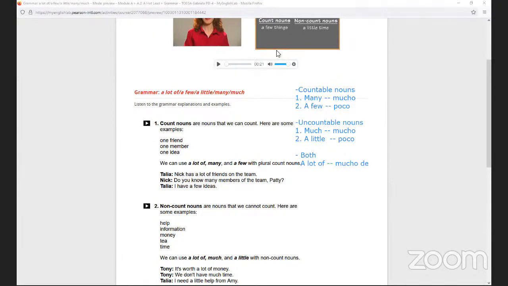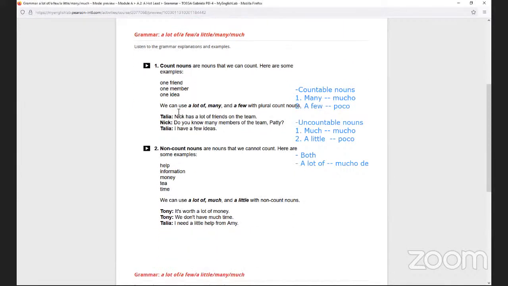In this case, for example, we can see some examples in the platform where we have count nouns, for example, one friend, one member, one idea, okay? For example, in a sentence, Nick has a lot of friends on the team. In this case, I am using this word that is for both.